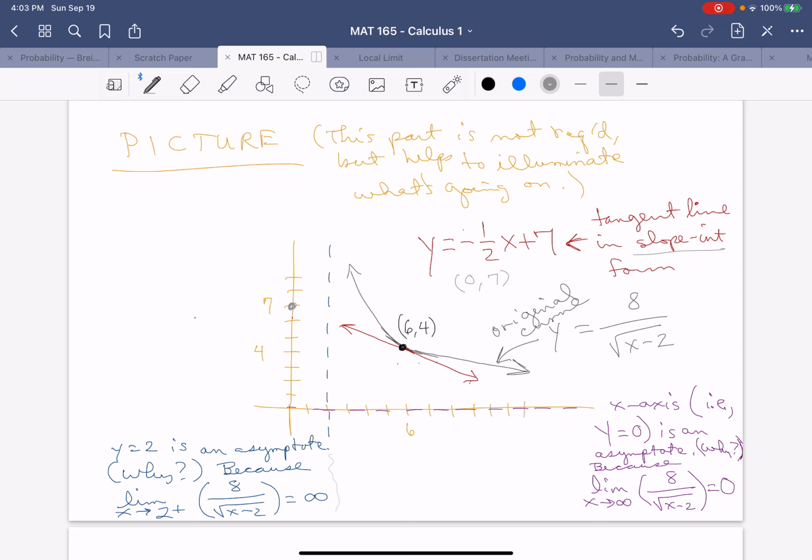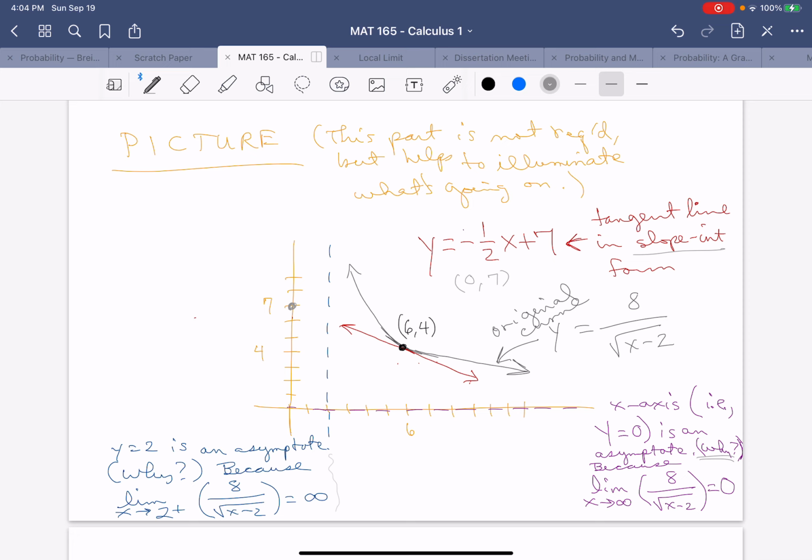And let's see what else we can do, because we've got the equation of the tangent line. We've plotted the original curve. Let's just review some things from that section on limits. One thing that you may notice from this curve, it looks like the x-axis is an asymptote, and it is. But why? The equation of the x-axis is y equals 0.